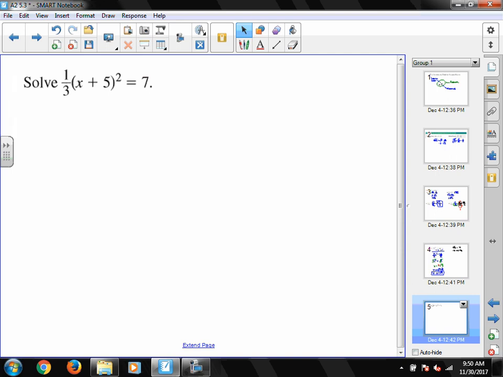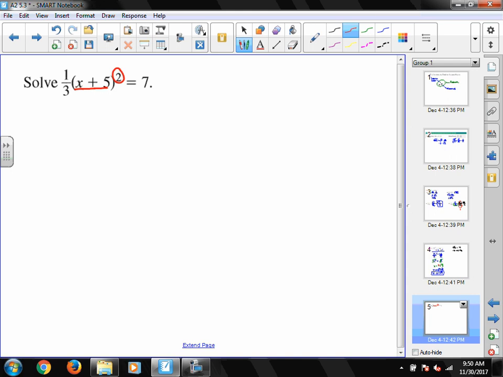Then we're going to solve 1/3 times x plus 5 squared is equal to 7. So, again, you want to get this squared term, in this case the full x plus 5, on one side by itself. Well, how am I going to get rid of that 1/3?